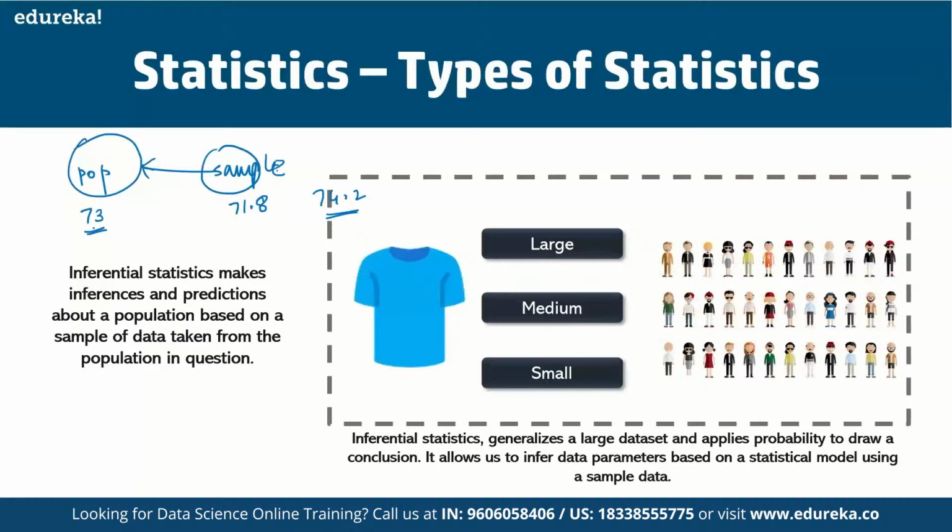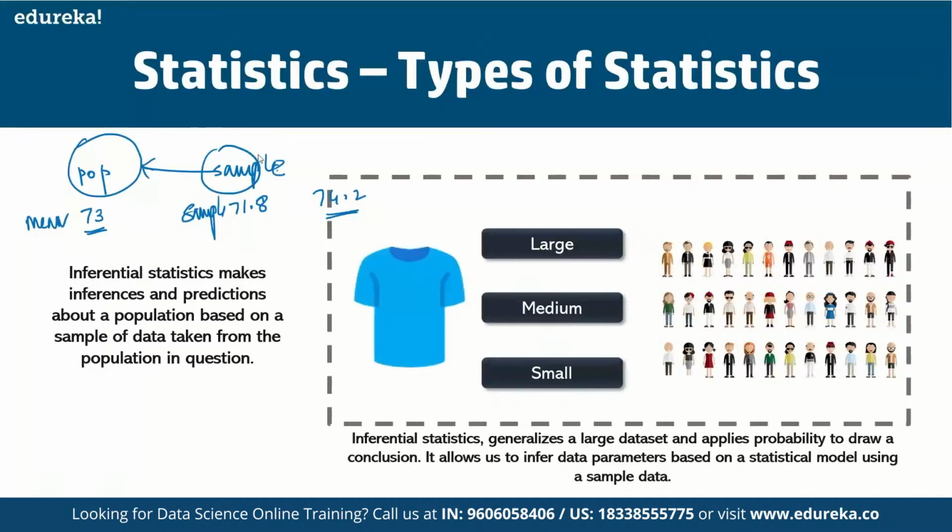It's not exactly 73, but am I able to get some range which is actually closer to my population mean? This is my population mean, and this is my sample mean. Am I anywhere closer to this particular mean is what we are going to infer. That is called inferential statistics. Here I'm going to draw a conclusion about my population from my sample.